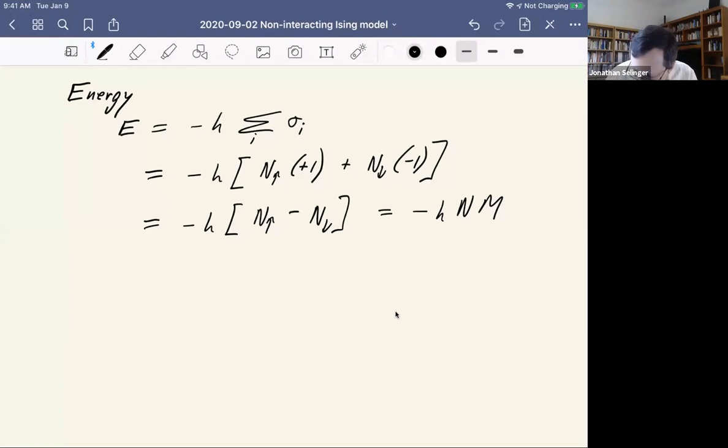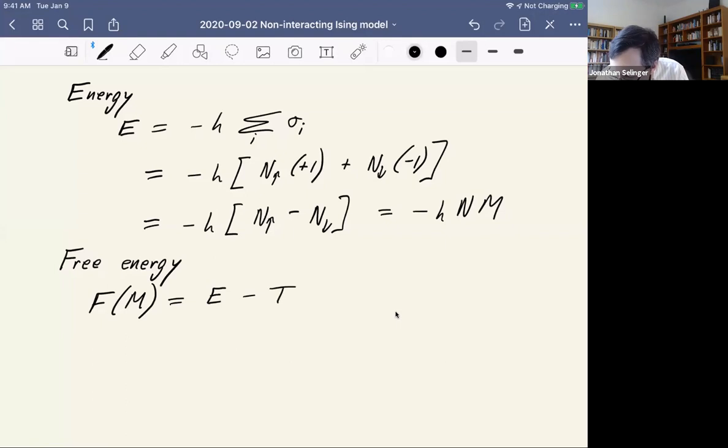So I can combine those things and get the free energy associated with the magnetic order parameter m. So that gives us that F of m is the energy minus temperature times entropy.